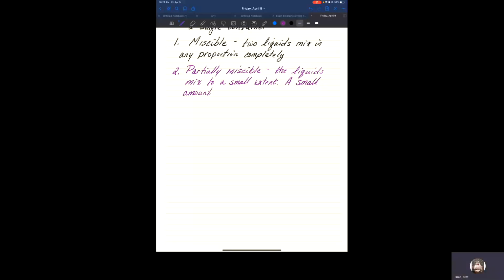So a small amount of solute mixes into the solvent. So the solute liquid is not highly soluble. Some of it does dissolve, but not a lot.